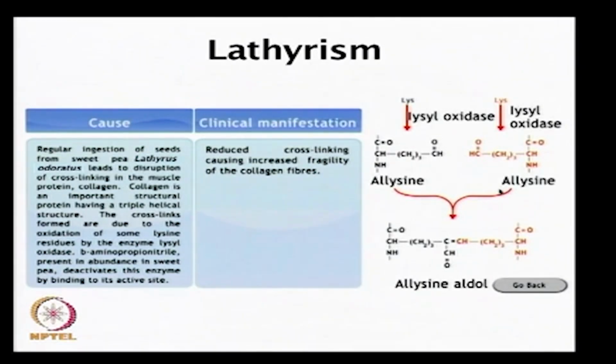Beta aminopropionitrile, present in abundance in sweet pea, deactivates this enzyme by binding to its active site. The clinical manifestation includes reduced cross linking, causing increased fragility of the collagen fibers.